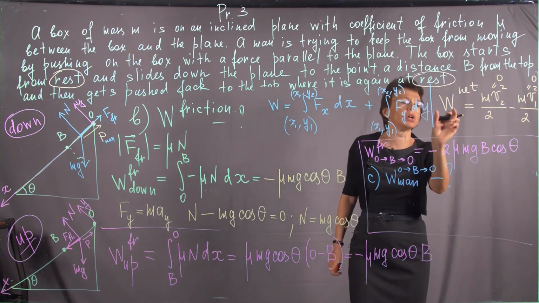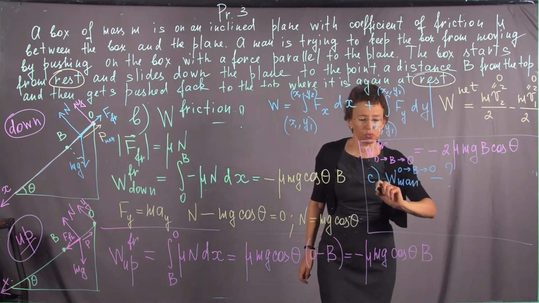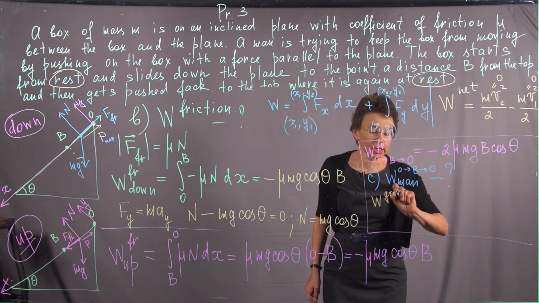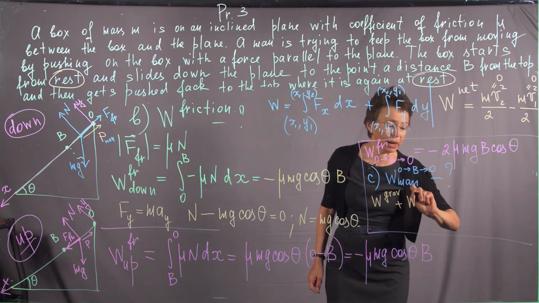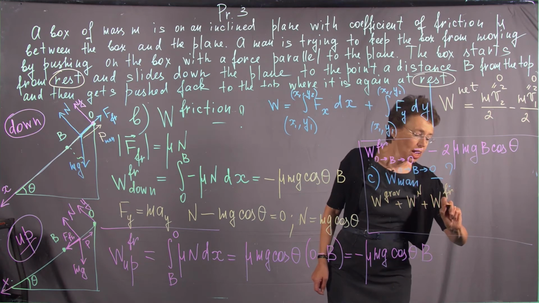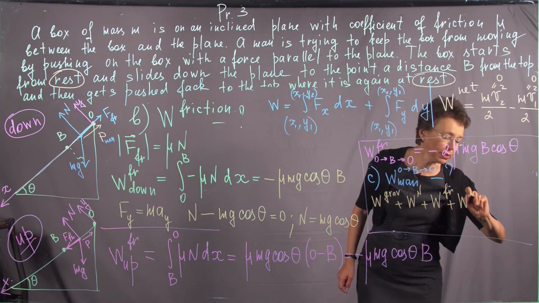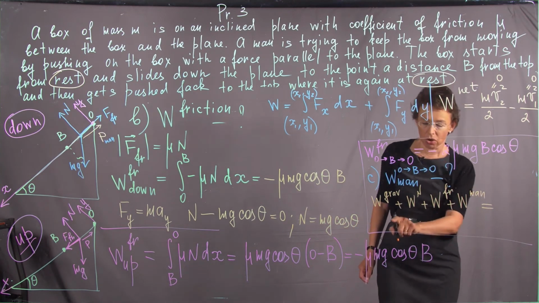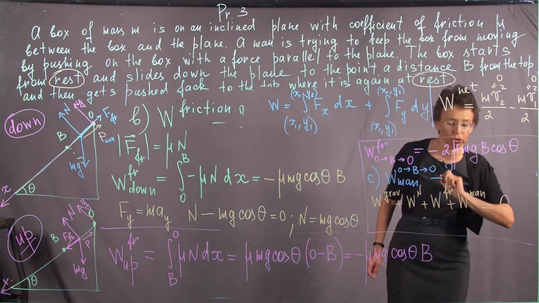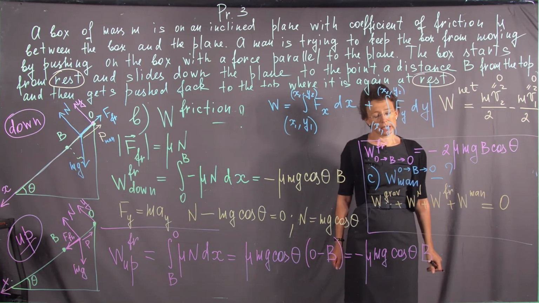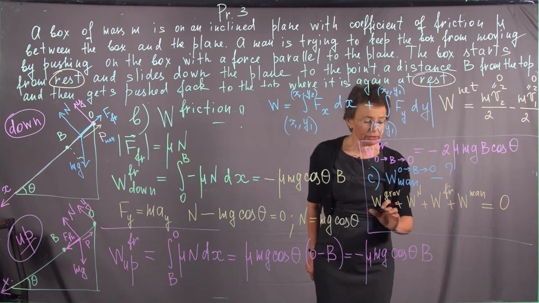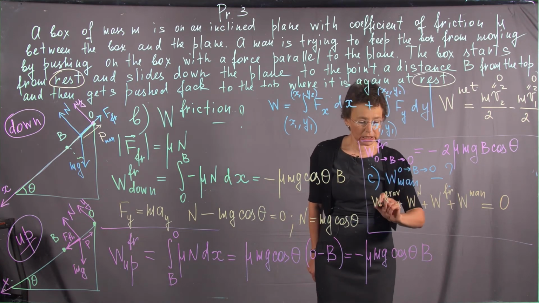All I need to do is find work done by the net force, which in this case is work done by gravity plus work done by normal force plus work done by friction plus work done by the man. And all this is 0 because the change of kinetic energy in this case is 0. So what is work done by gravity for the round trip? It is 0.